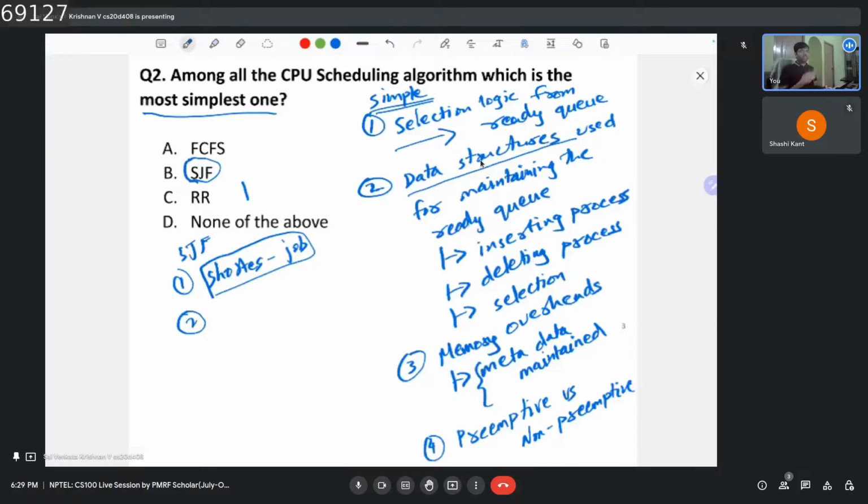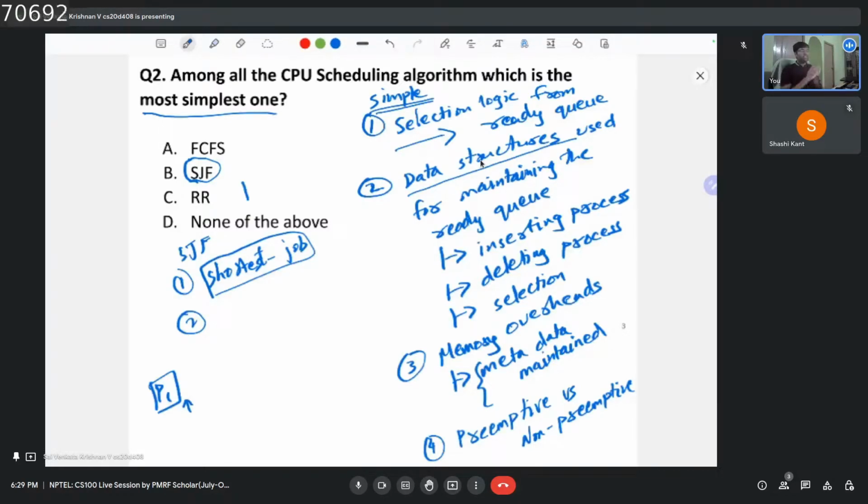There are many data structures you can use for shortest job, mainly to minimize this selection logic. Let's say some process P1 is getting executed, the scheduler has to see whether some other process having a shorter job is waiting in the ready queue.